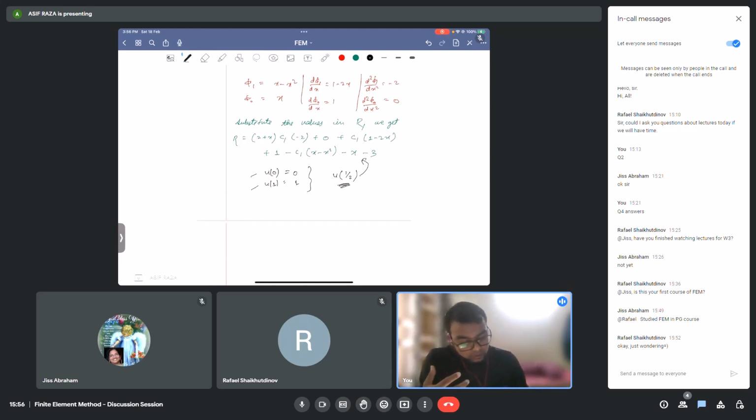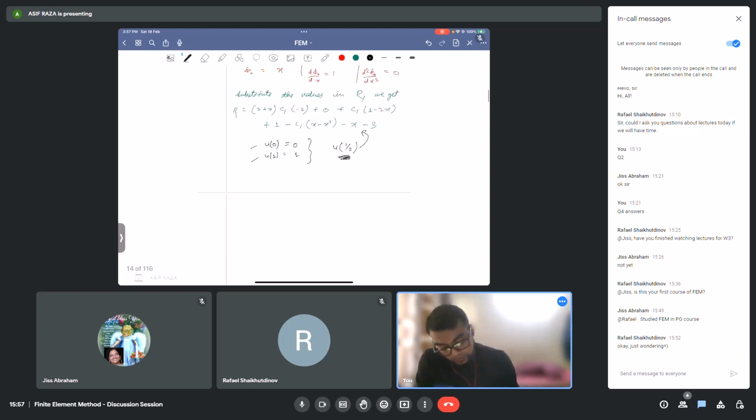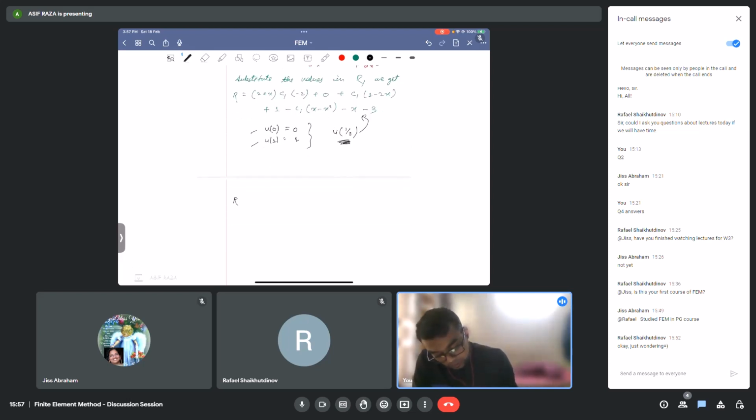If it is satisfied, this residue should come out to be 0. So we substitute R at x equal to 1 by 2 and that should give me 0.